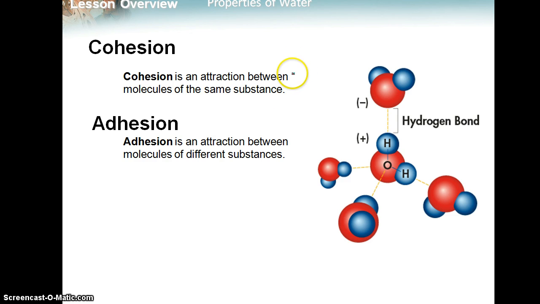And cohesion allows for things like surface tension, like floating a paperclip on the surface of the water. The paperclip was more dense than the water, but because of the surface tension, because of those attractive forces between water molecules, we could hold the paperclip on the top of the water if we set it on there gently enough.